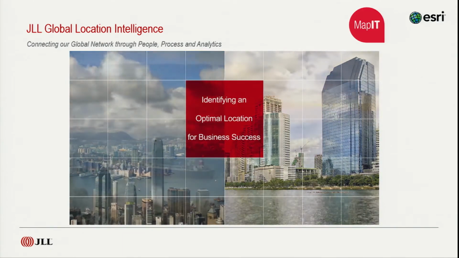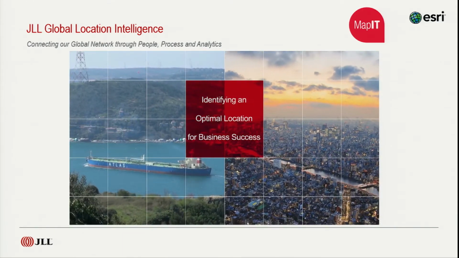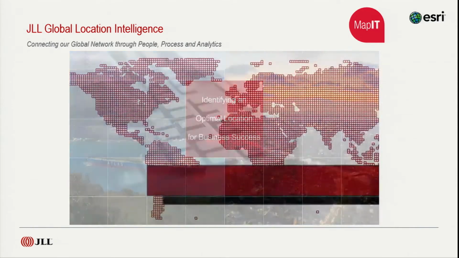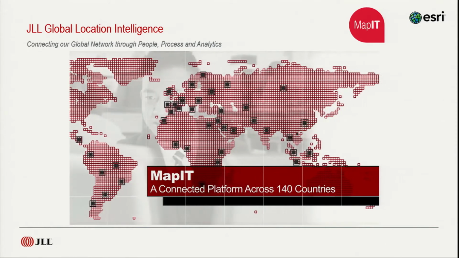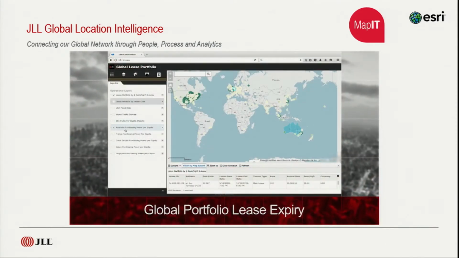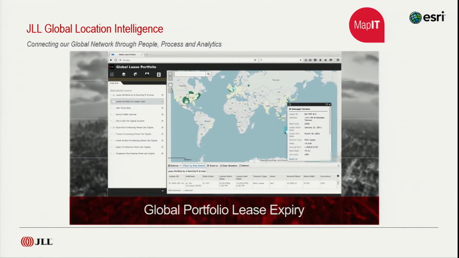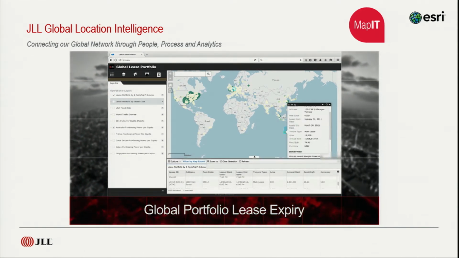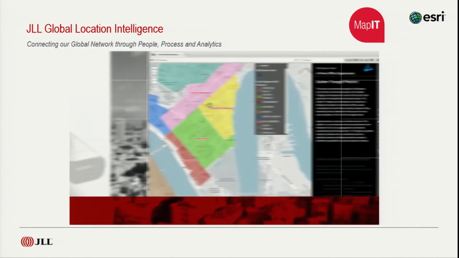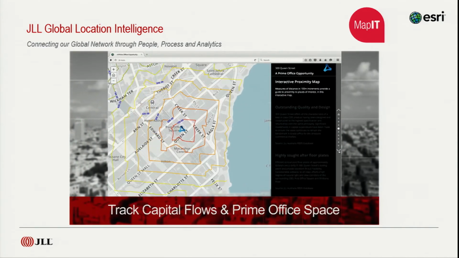In addition to AGOL, we have connected data from across our world. That, in my opinion, is such a true leverage of Esri technology because we internally are connecting it with our data and our proprietary data, which is a benefit to our clients. Let's continue to take a look at how we're using Esri AGOL.